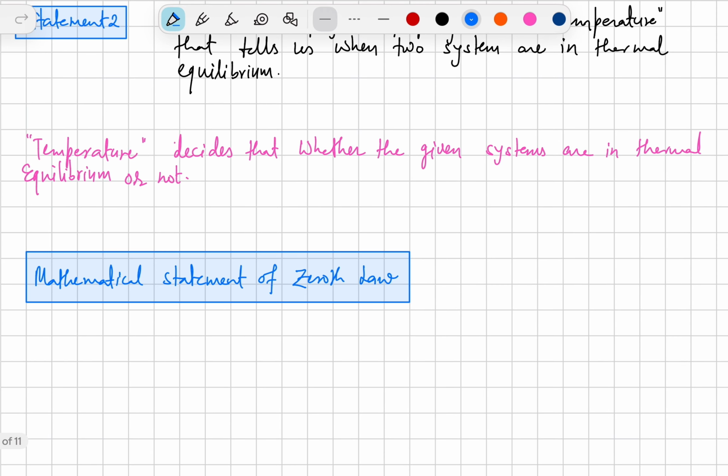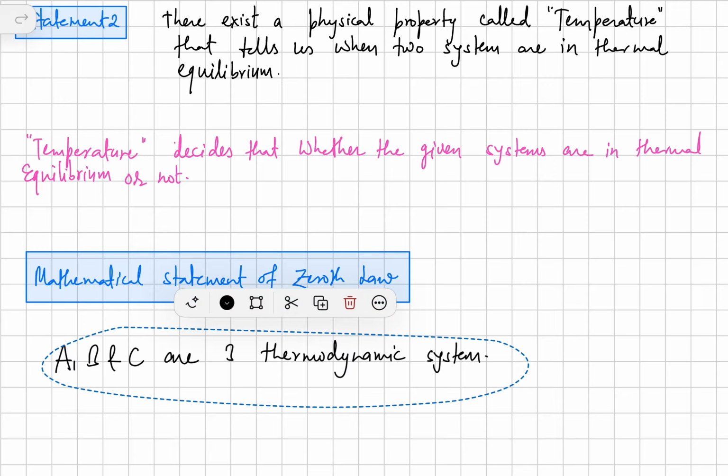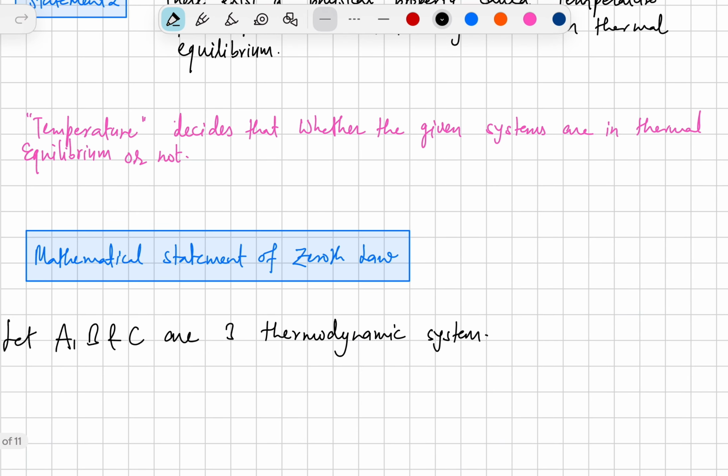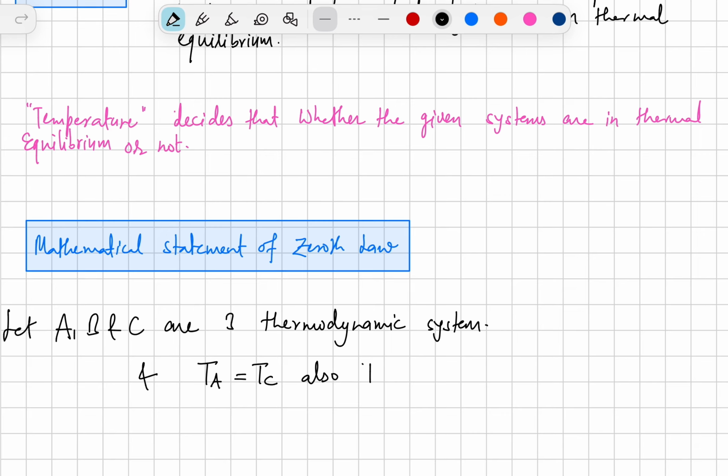Zeroth law: let A, B and C be three thermodynamic systems, and the temperature of A is equal to the temperature of C. Also the temperature of B is equal to the temperature of C. It means the temperature of A is equal to the temperature of B also.